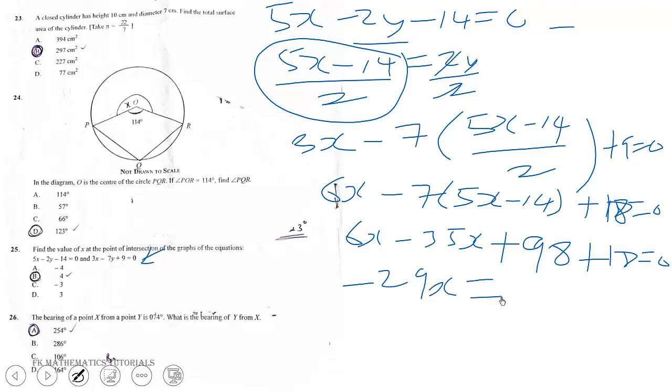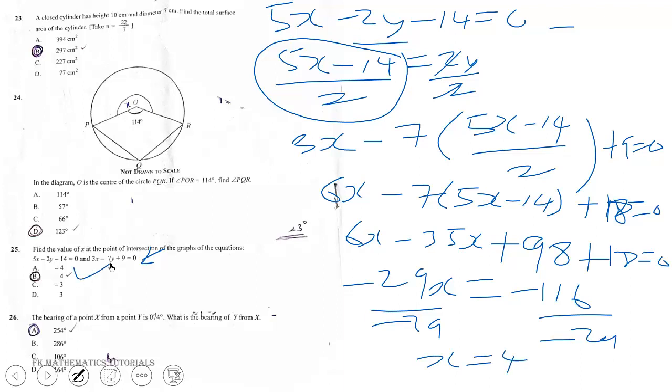So 98 plus 18 will give you 116. So divide both sides by negative 29, and that will give you 4. So x is equal to 4.